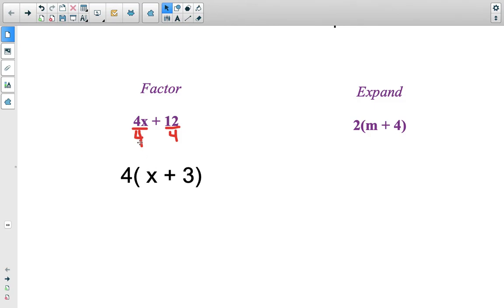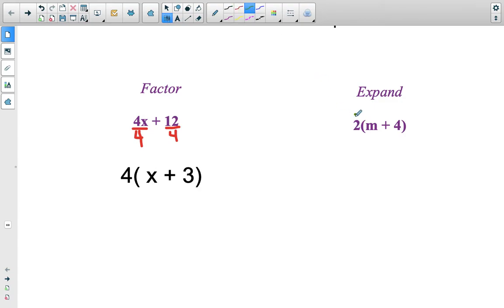When I factor out a 4, I put it on the outside of the bracket, and what I'm left with goes inside the bracket. If I were to expand this, 4 times x is 4x, and 4 times 3 is 12. So I get the same answer I got originally. That's how you factor.